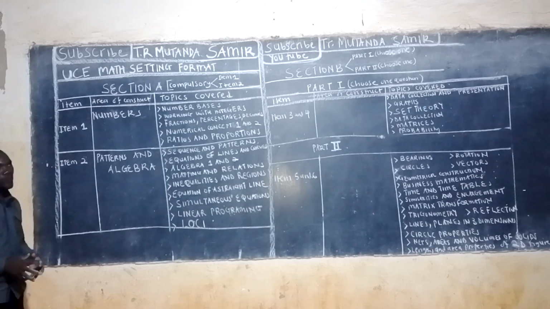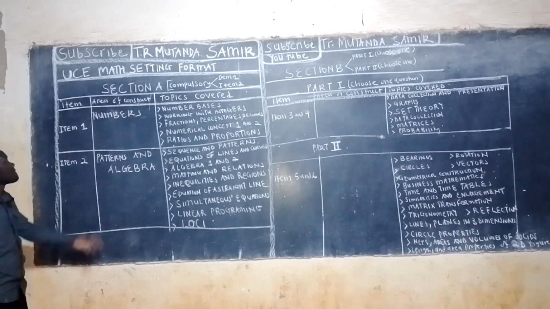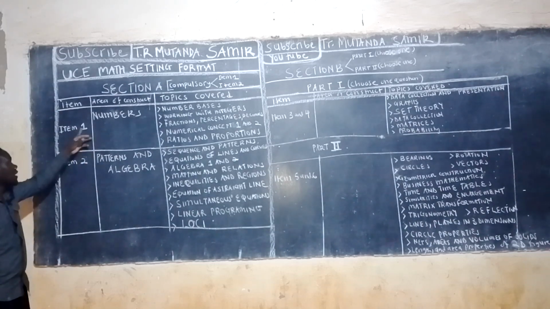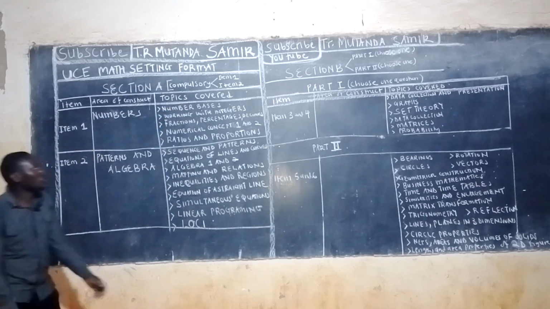So if you are meant to do 4 items in that paper, what do they set on which item? To begin with, we have section A. Section A has 2 items, item 1 and item 2, and it is a compulsory section.